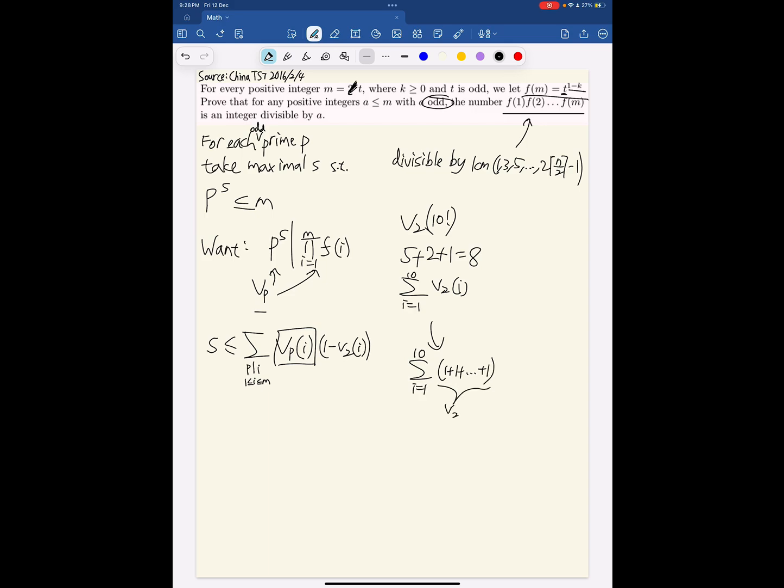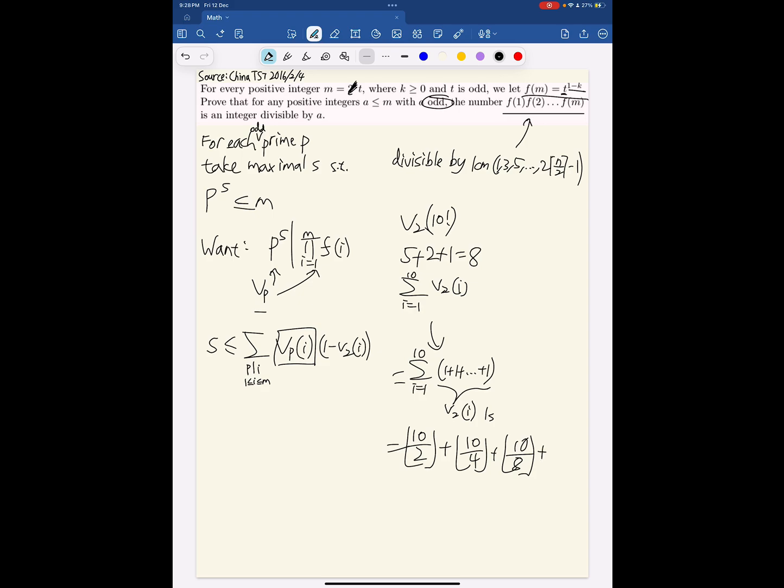There are v2 of I ones. Again, an empty sum is defined as 0. Then what happens here is you take the first one. There are 5 terms. I'd like to write it like this: there are floor of 10 over 2 terms that have at least one A1, there are floor of 10 over 4 terms that have at least 2 ones, and so on.